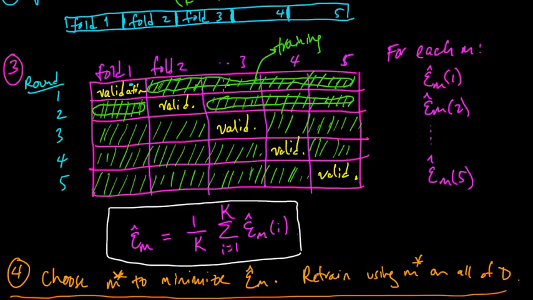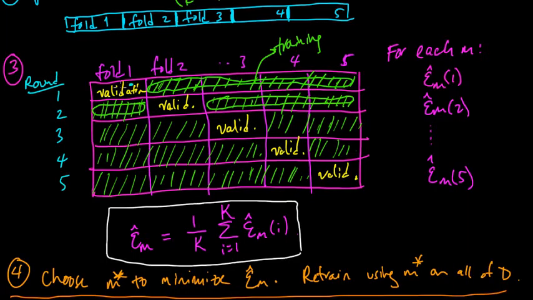So on any of the rounds, the prediction function that we get, the classifier or the regression function, is going to look very, very similar to the final thing that we would get if we trained on the whole data set, because we're only leaving out one point.